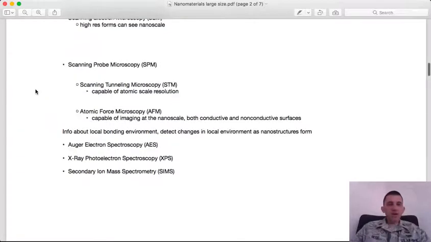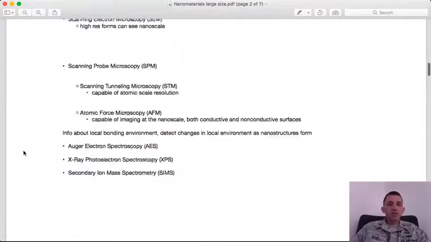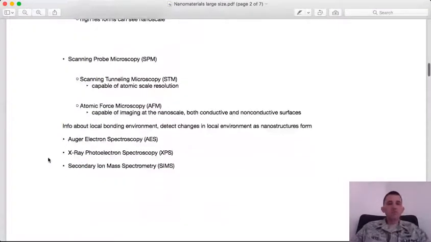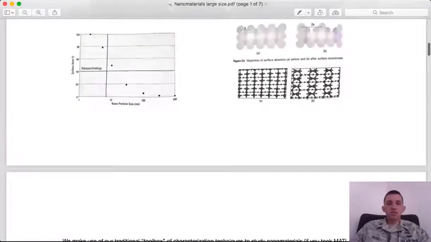So we have a couple of imaging techniques here. These last three are more similar to the X-ray diffraction technique in the sense that you can get information about the local bonding environment, which changes if you have the formation of a nanostructure, like we talked about here.